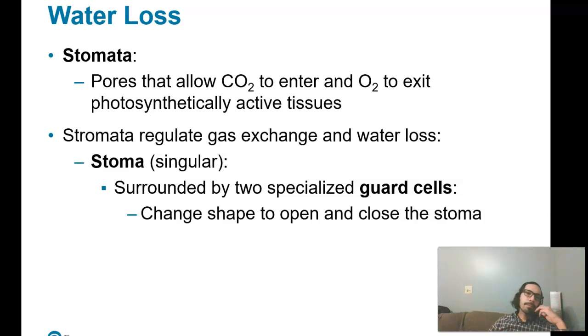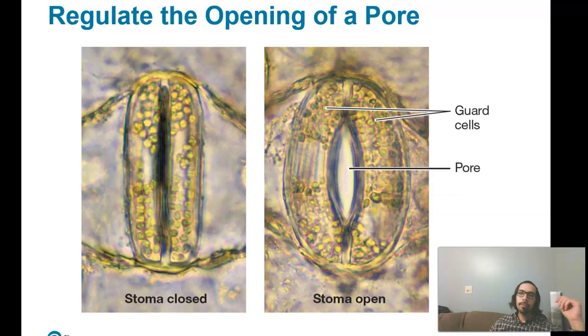The stomata regulate the gas exchange and water loss, and they do that using these specialized cells called guard cells. So these cells will change shape depending on whether the plant wants to increase gas exchange or decrease it. And also, if the environment is too warm, then obviously it'll close those cells.